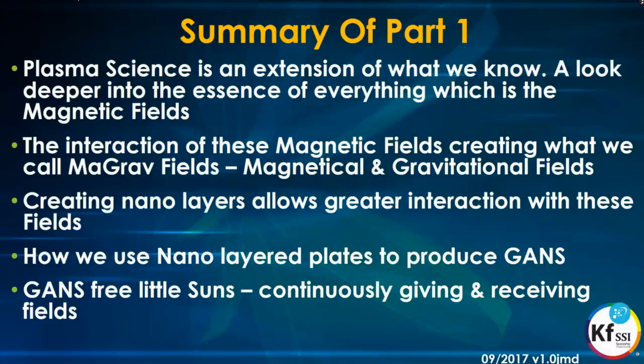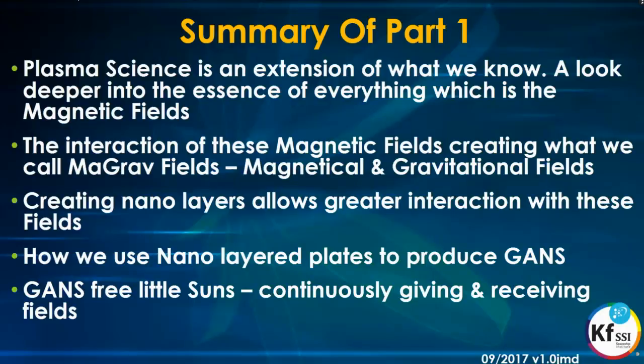It's the interaction of these magnetic fields creating what we call maggrav fields, which is magnetical and gravitational fields. It's a slightly different concept from what we've understood as attraction and repulsion. We create nano layers, which allow for greater interaction with these fields that are around us, and we can use them as filters so that we only work with certain fields.